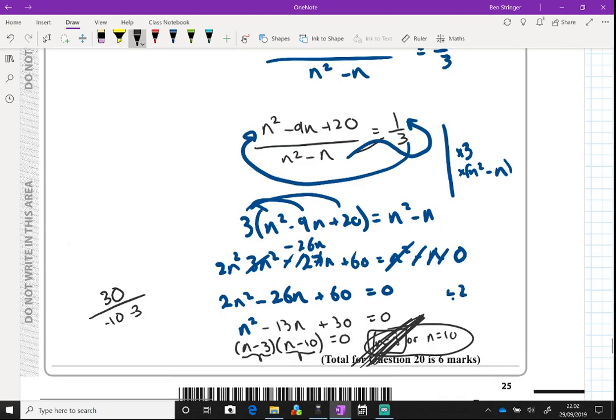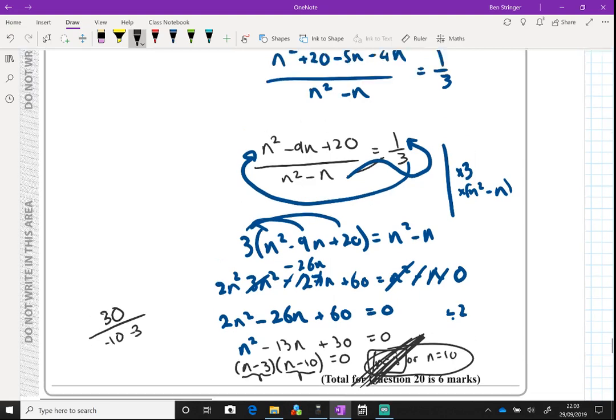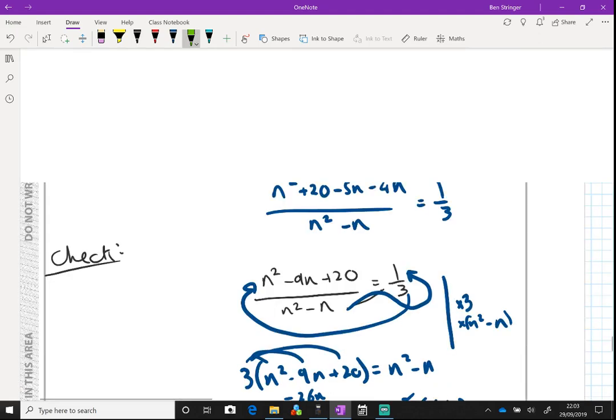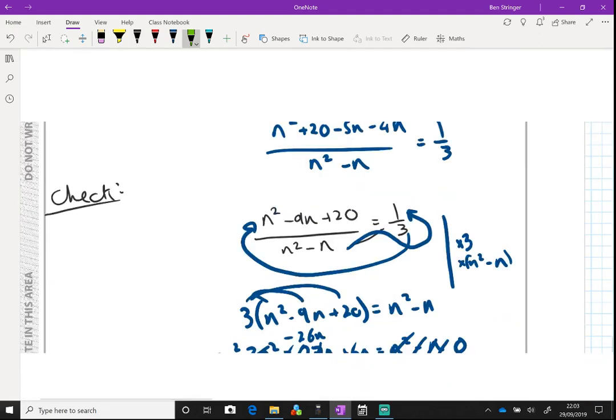That's quite cool. But just to check, let's do a quick check. So if 4 are oranges, the rest are apples.